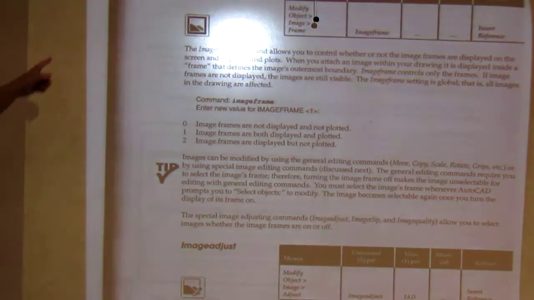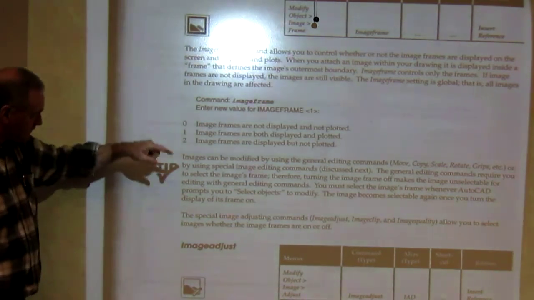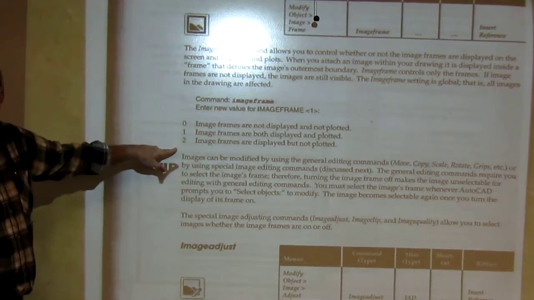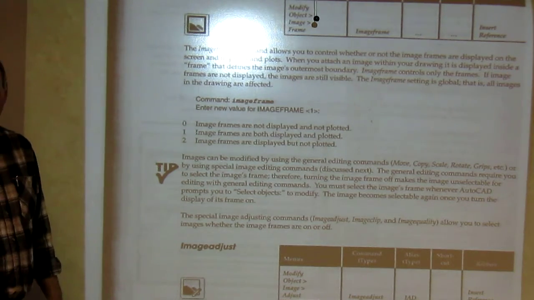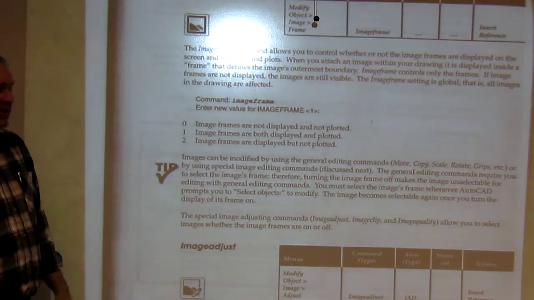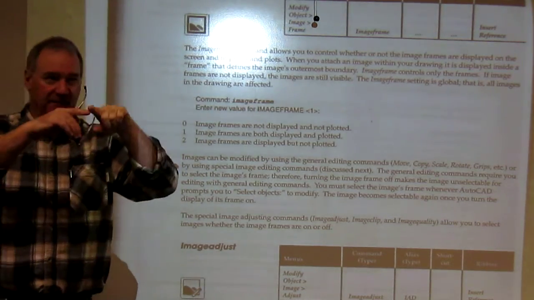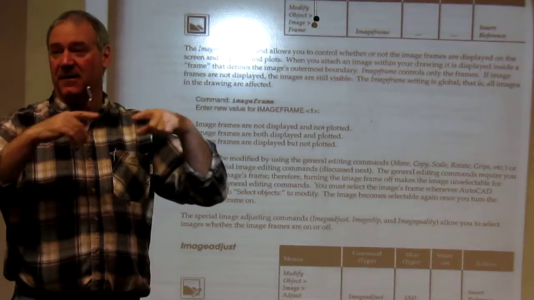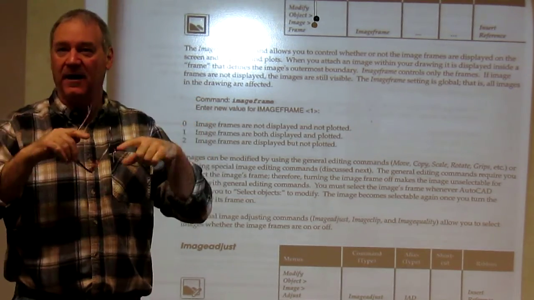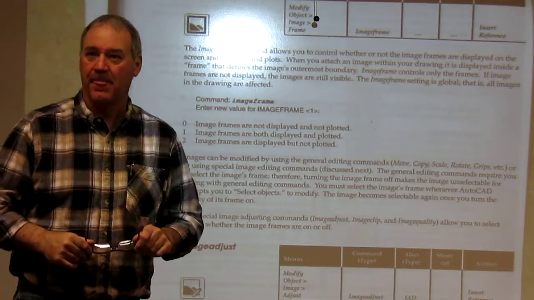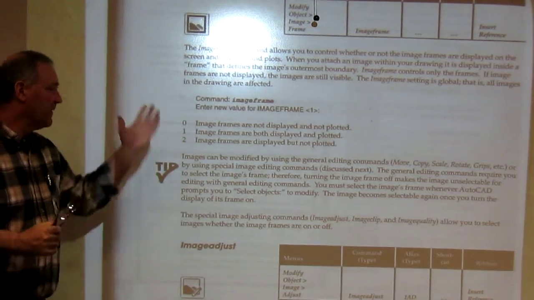The command's image frame, you have to type it in, and then you've got a setting of 0, 1, or 2. Again, this is dependent on the layer you put them on. If you put it on the 0 layer, it's going to have a white line around the outside. If I put it on the border line, it's going to have a big 031 line weight line around the outside of it. That's the frame. It ruins the whole picture.